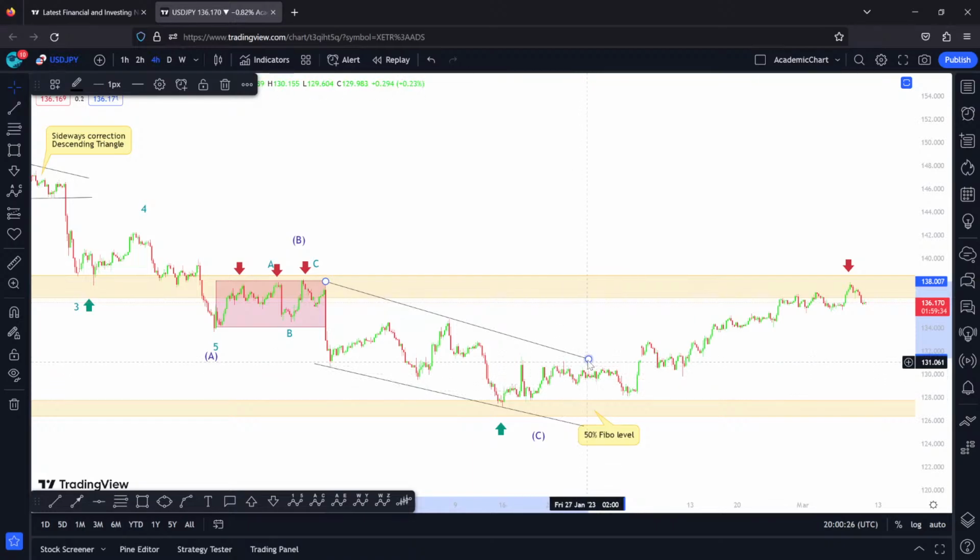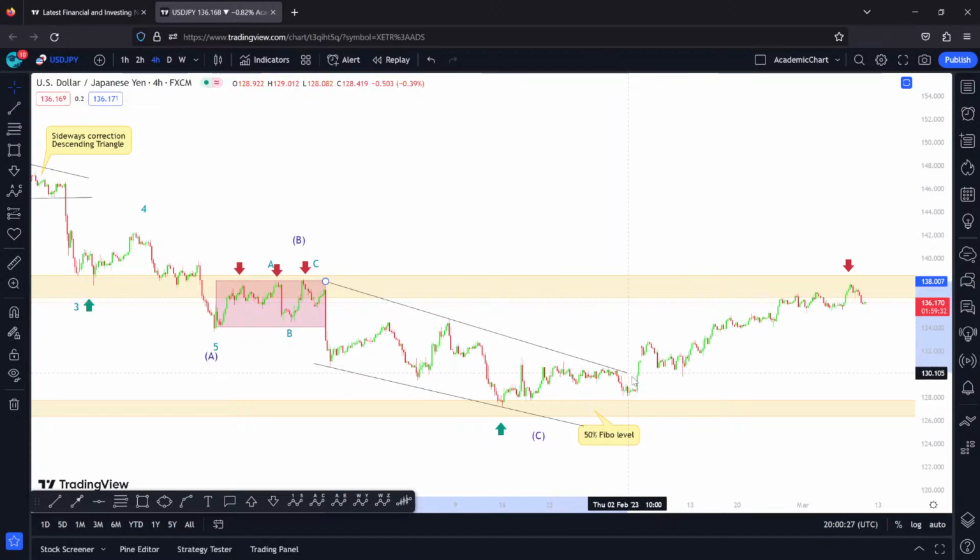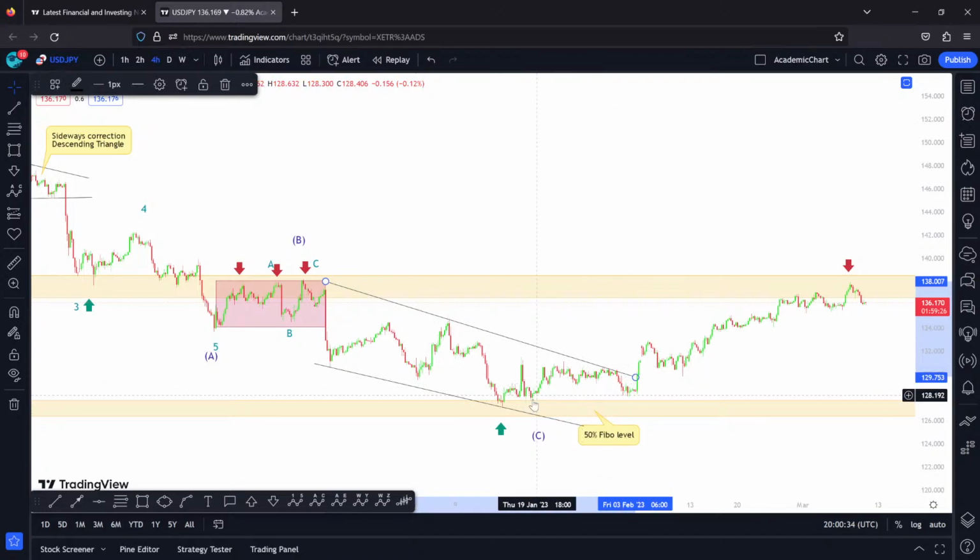But usually, according to my personal experience, you can create parallel channels around them most of the time, and it is indicating that it was one single wave or a trend. At least each of these waves is some sort of trend in the market, and you can clarify them by drawing channels around them like this.